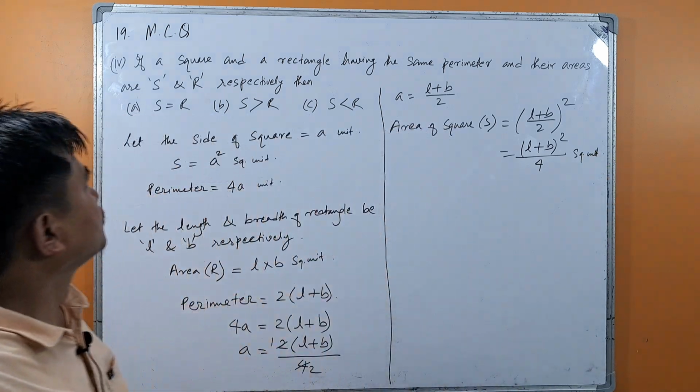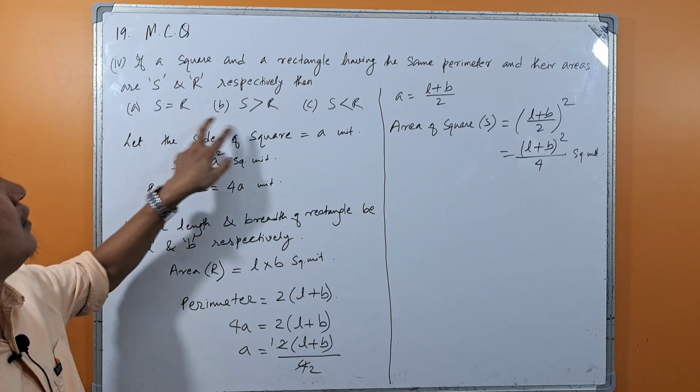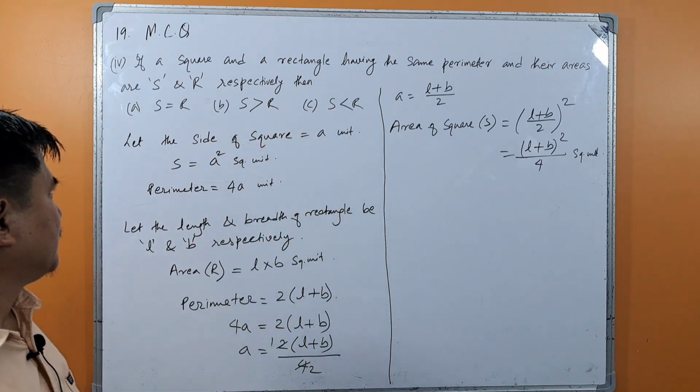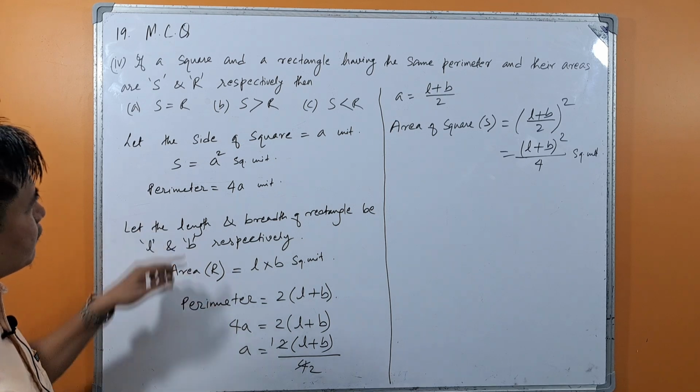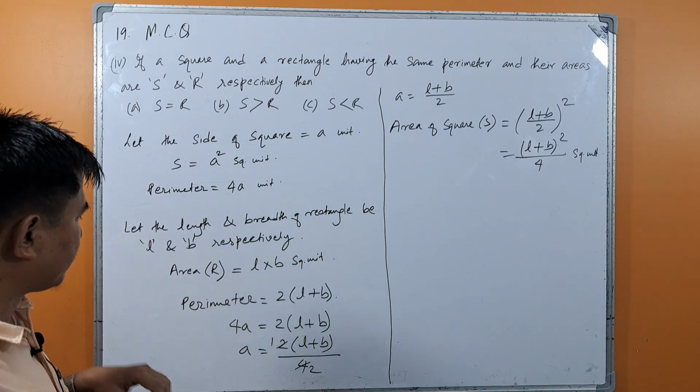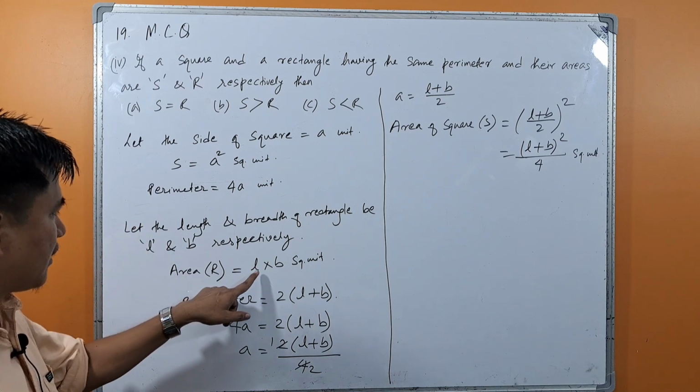We are asked to choose whether S equal to R, or S is greater than R, or S is less than R, isn't it? So to find whether S is greater than R, less than R or equal to R, we have to see this equation.